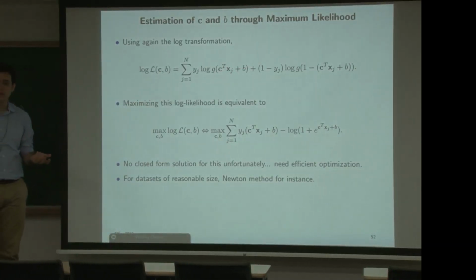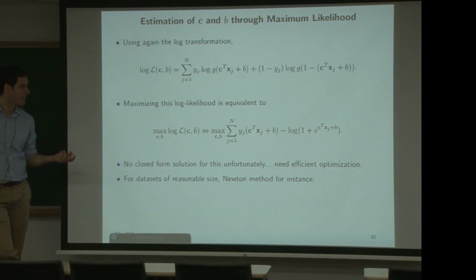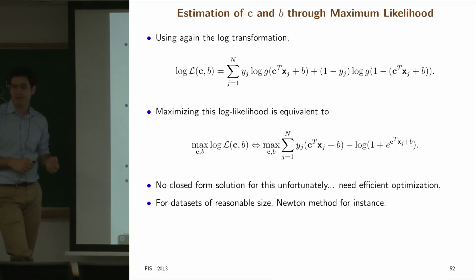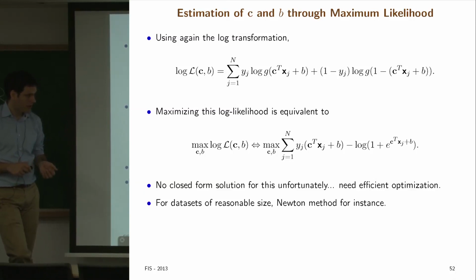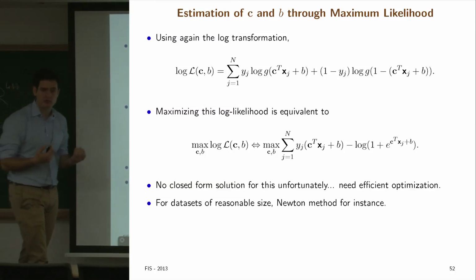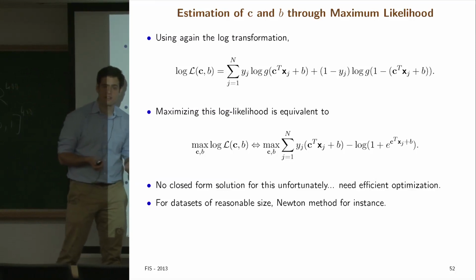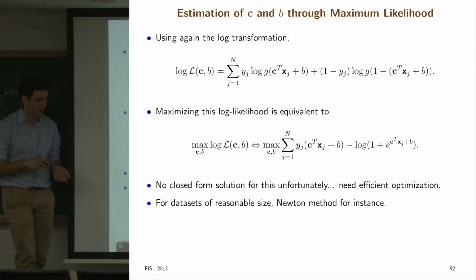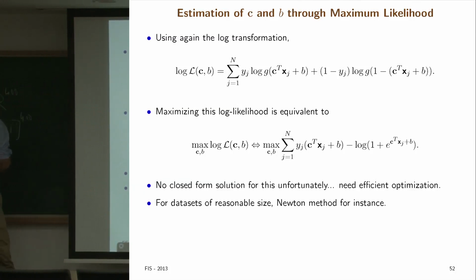The thing is, how can we maximize this? Well, if you do some basic math, you can show that maximizing the log of this is equivalent to maximizing this sum here. So again, it's not as easy as the least squares regression setting, but we get this expression with logs and exponentials.